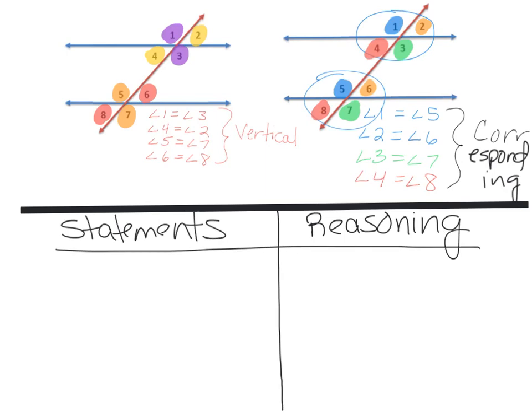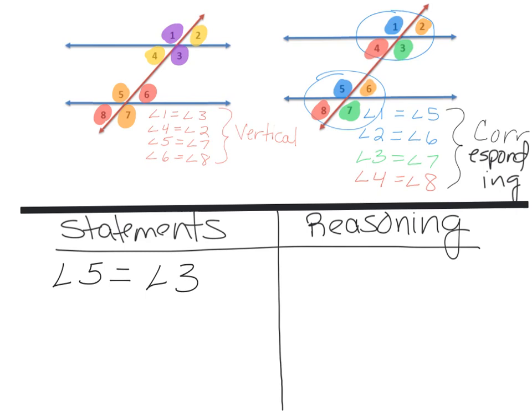So if we know angle 1 and angle 3 are equal because they're vertical, and on the right we know angle 1 and angle 5 are equal, then angle 5 and angle 3 must be equal. So we have angle 5 must be equal to angle 3.